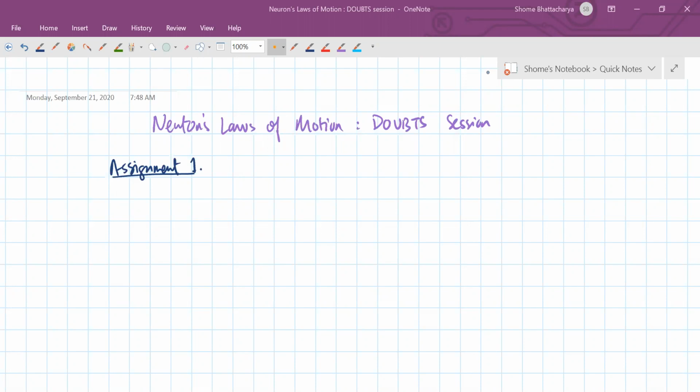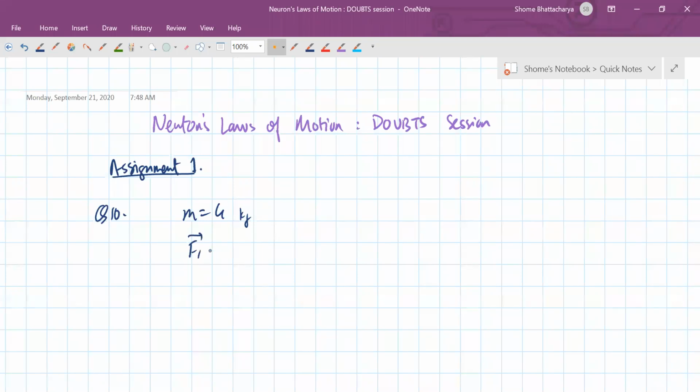So question 10 is saying that there is an object whose mass is given to us, and there are two forces acting on it. So Shikhar, in this you have to just apply vector algebra.